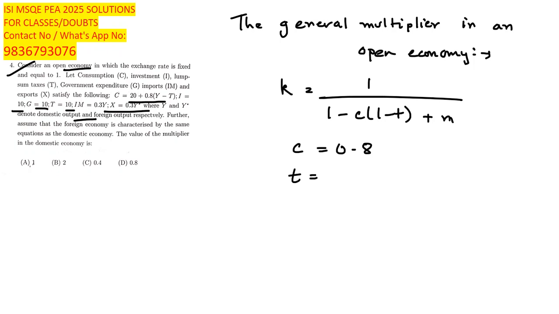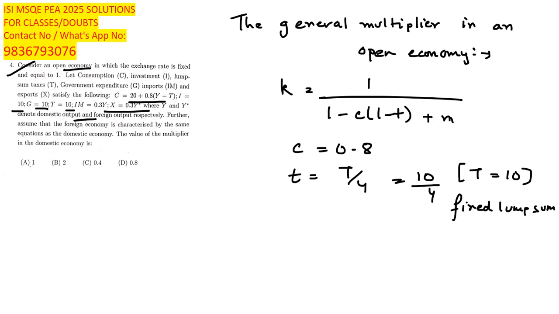Then t is what? T by Y, that is 10 by Y. Okay. Now, but since T is fixed at 10, so we will use fixed lump sum, not rate. So that is t is equal to 0. And m, we know m is the marginal propensity to import.